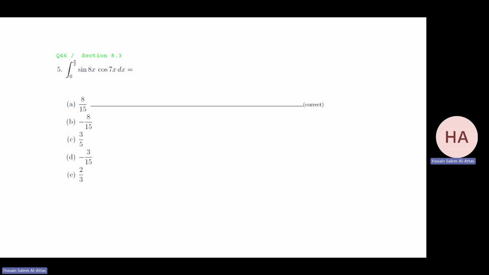I have sine cosine. That means I have sine the difference plus sine the sum dx. Yeah, from 0 to pi over 2.